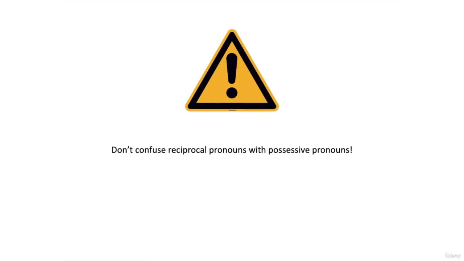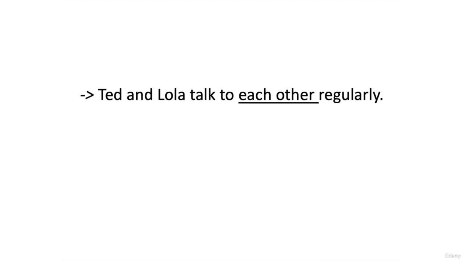Be careful. Make sure not to confuse reciprocal pronouns with possessive pronouns, because they can really change the meaning of a sentence. For example, Ted and Lola talk to each other regularly.